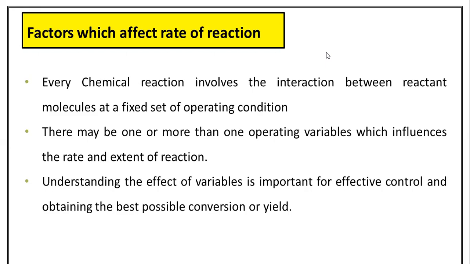As a chemical engineer, our main interest should be in the yield rather than conversion. And so to obtain the best possible yield for effective control over the progress of reaction, it is important to understand which variables affect the rate of reaction.